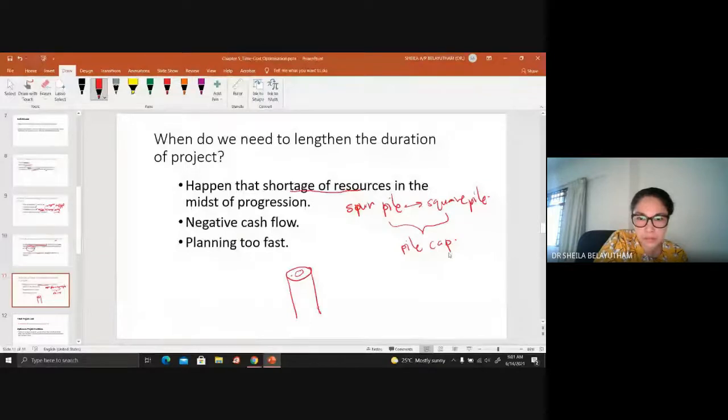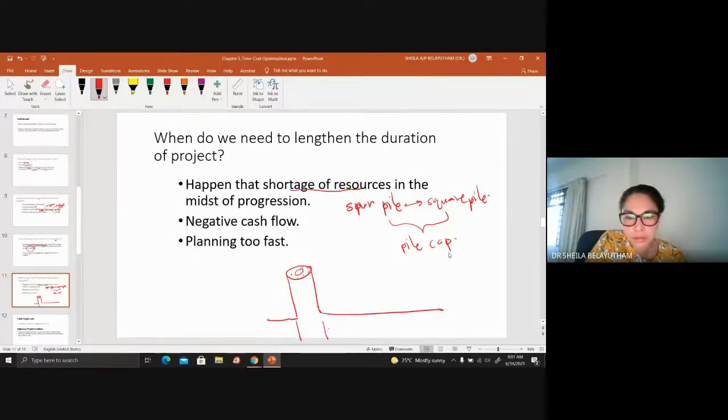Okay, so the way we actually build a pile cap, because you have the pile from the ground. Usually to build it, you need to cut the pile. It's much easier to cut a spun pile because basically you just cut it to the level that you require.